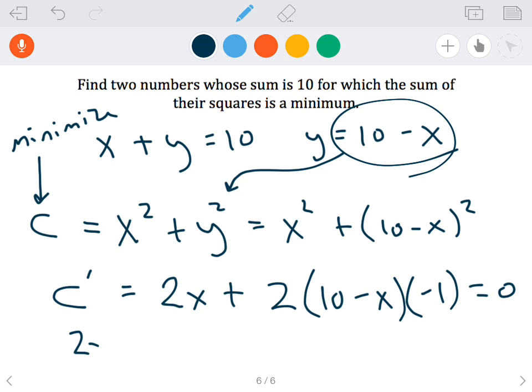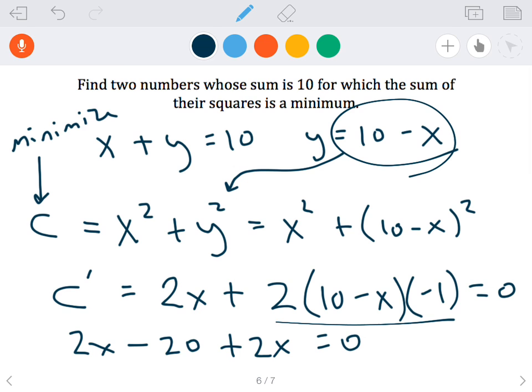So I have 2x minus 20 plus 2x. I think I got all that distributed right. So it looks like we've got 4x minus 20 equals 0. And then that means 4x equals 20, or x equals 5.